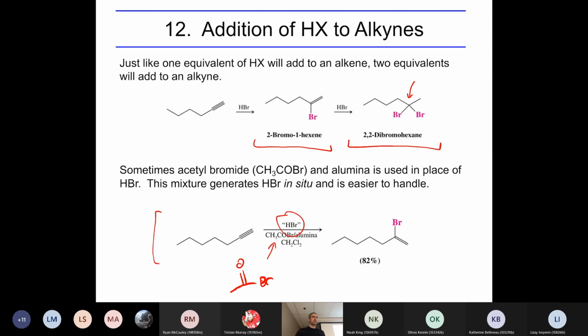An example of this, and this is part of the one reaction in this unit that we cut, which was cyclopropane synthesis.